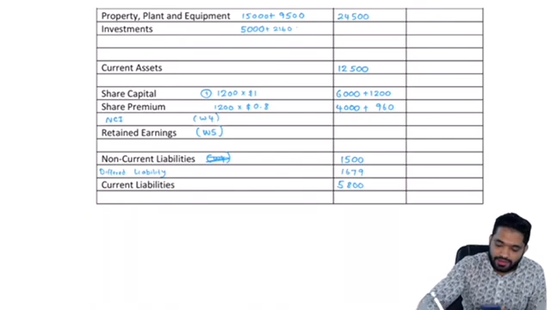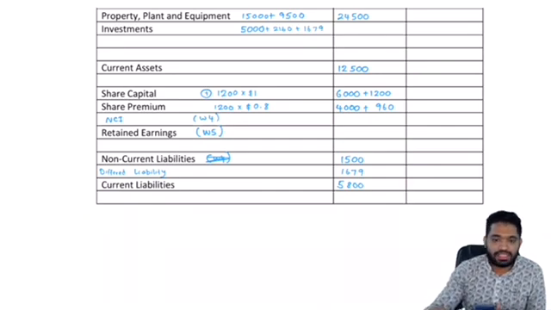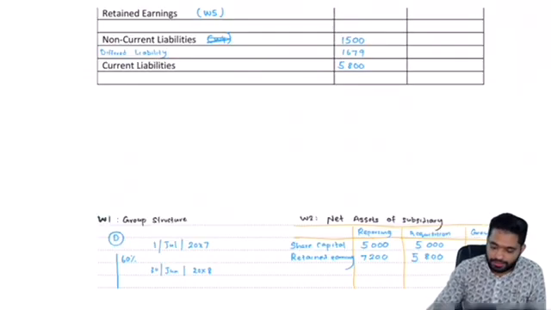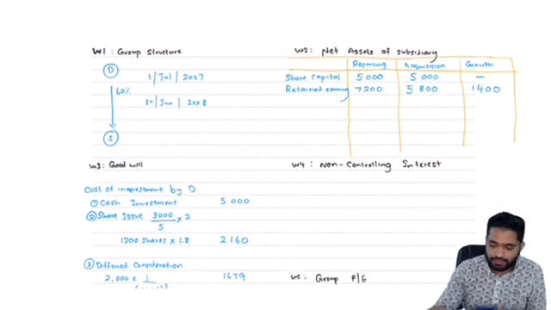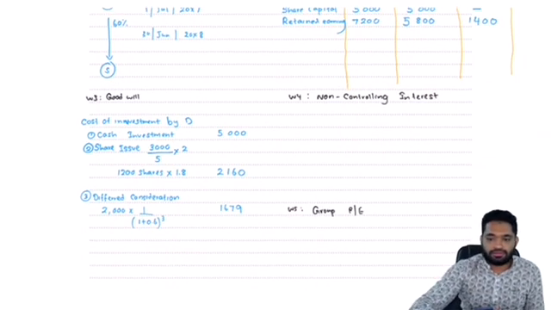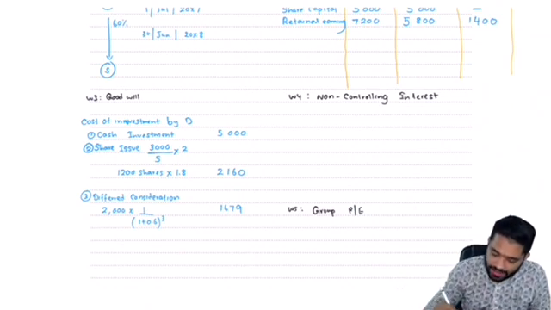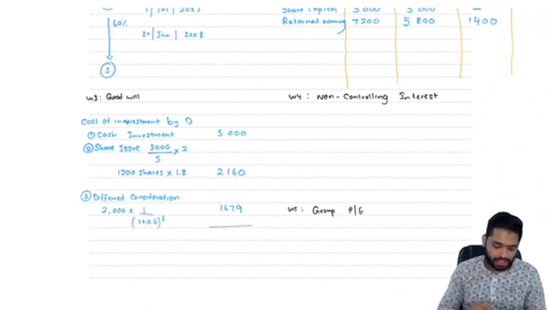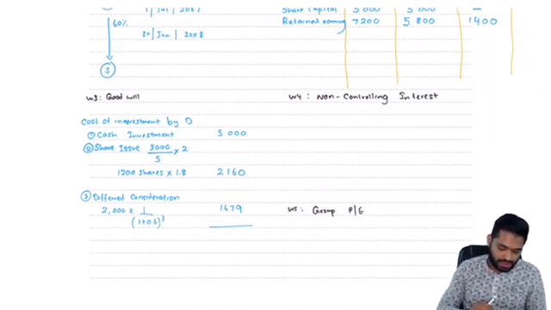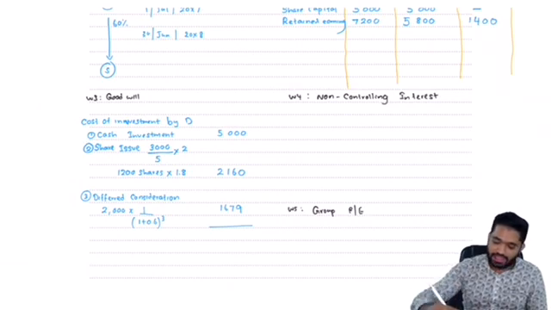Then you have the deferred consideration of 1679. The total investment by the parent is going to be 5000 plus 2160 plus 1679.